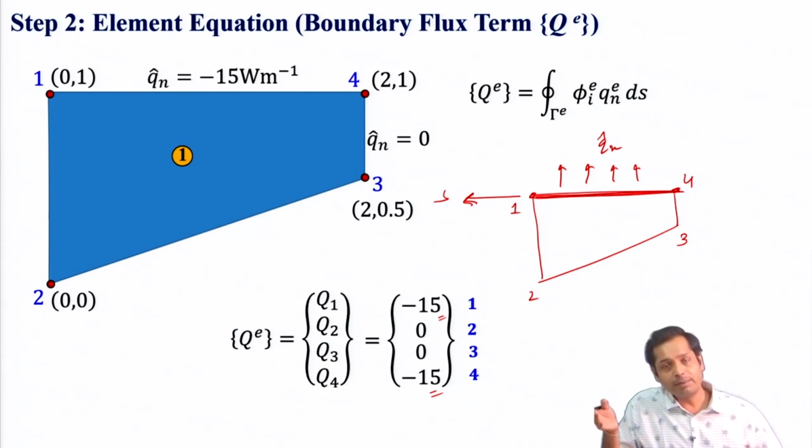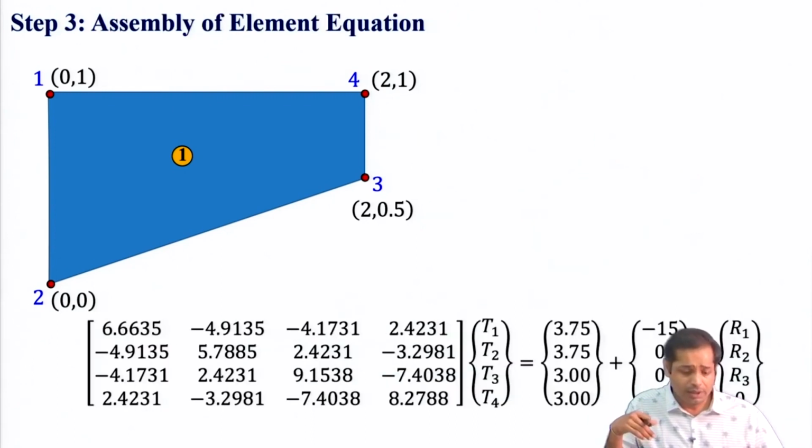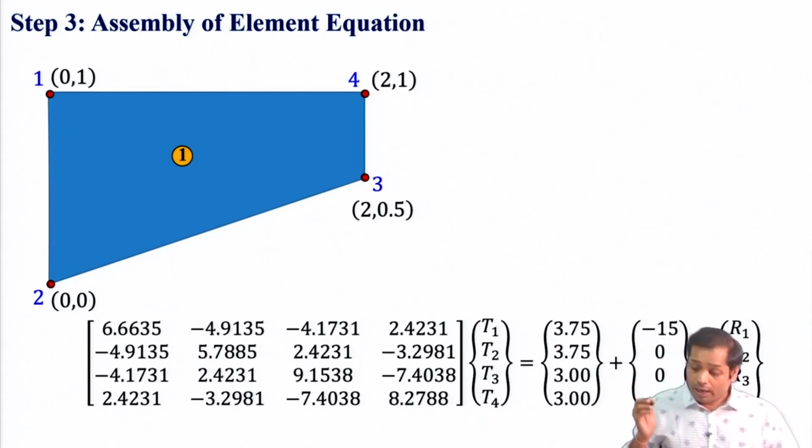Ideally, the next step is to assemble the element matrices, but in this case we have just one element, so the element-level equation is essentially the global equation. So we have the global equation like this, and these are the sources, the residues. Now once we have this global equation, the next step is to impose the boundary conditions.